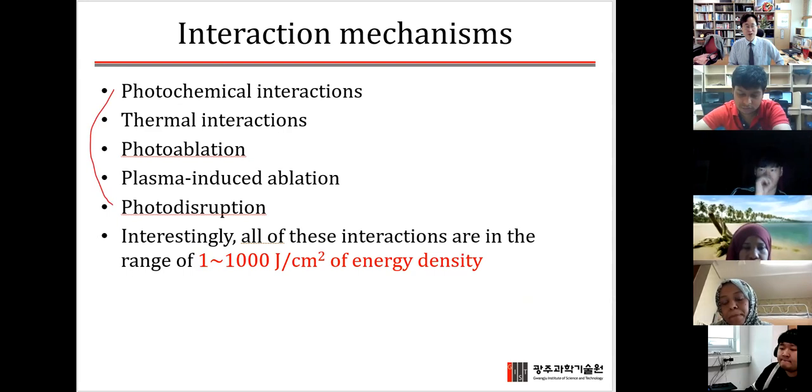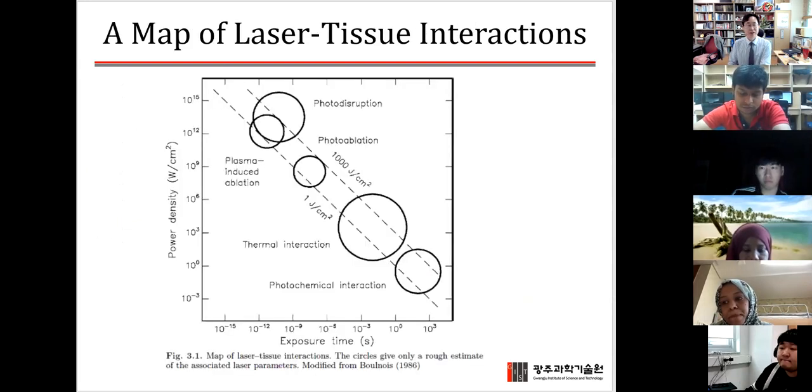And the interesting point was from here. Even though those 5 (1, 2, 3, 4, 5) have different mechanisms for the interaction, they are all within this 1 joule per centimeter square to 1000 joule per centimeter square. That's an interesting point, actually.